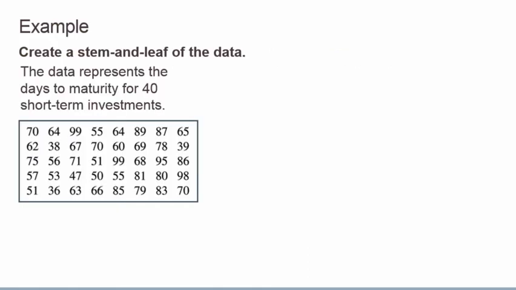Example: create a stem and leaf of the data. The data represents the days to maturity for 40 short-term investments.